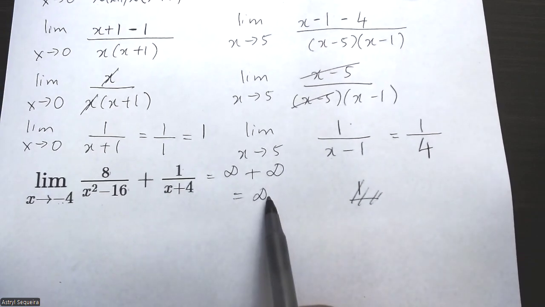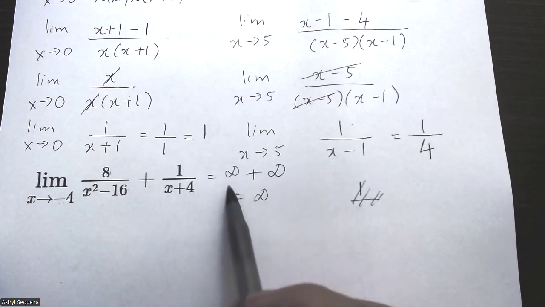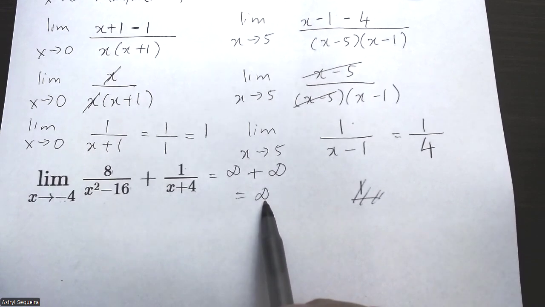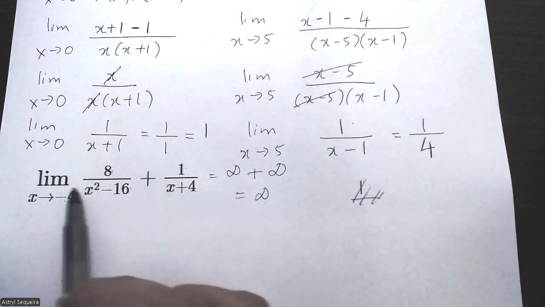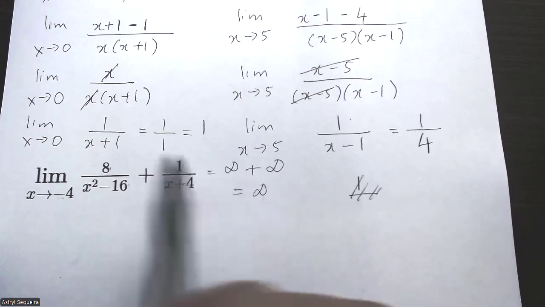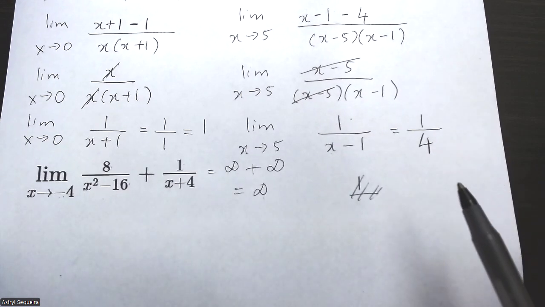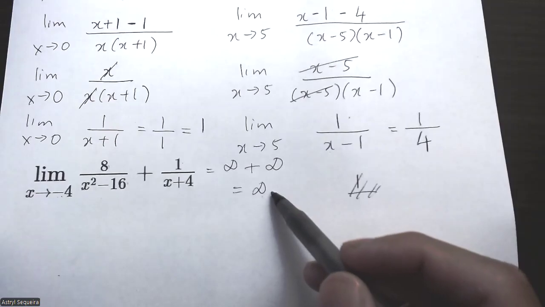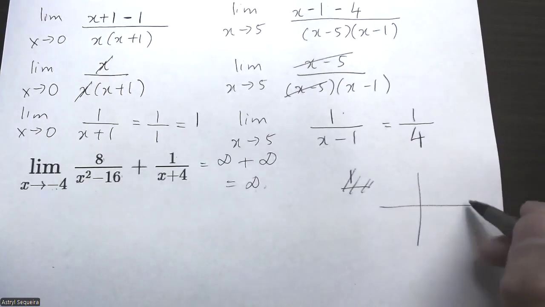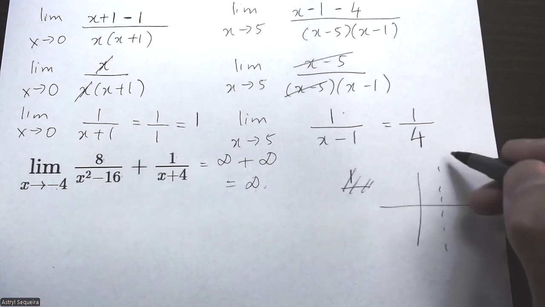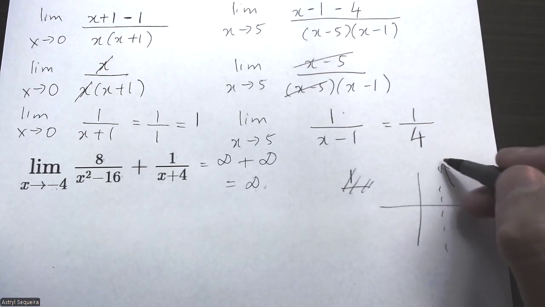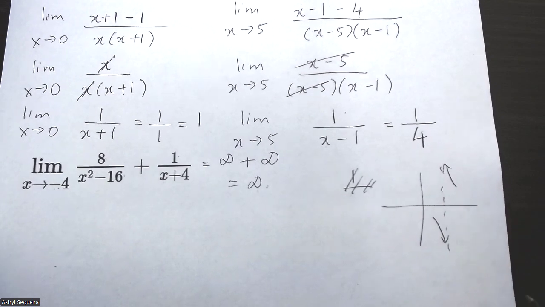But again, the reason why we can't assume this is true is because when we reach a situation like this, we have to evaluate whether the left side and right side are the same limit and things like that. And we have to evaluate separately. We can't just assume it's infinity, because if you have an asymptote in math, your graph can be going up on one side and down on the other side.